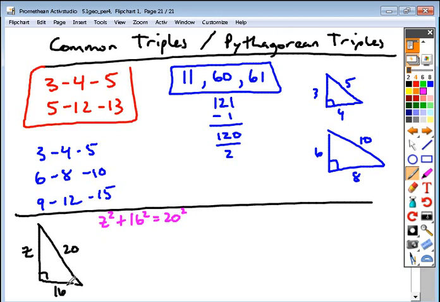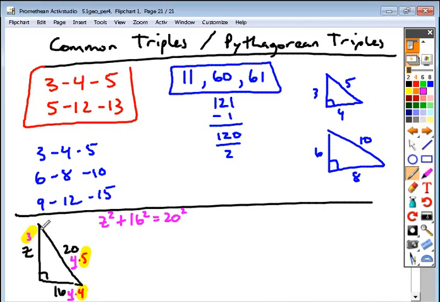However, if you look at the problem itself and try to identify whether there are any common factors between the two given lengths, what common factors exist between 20 and 16? 20 is 4 times 5. 16 is 4 times 4. So you have this common multiplier, a 4, and it leaves your pattern of 4, 5. Well, that fits one of your common triples, the 3, 4, 5.